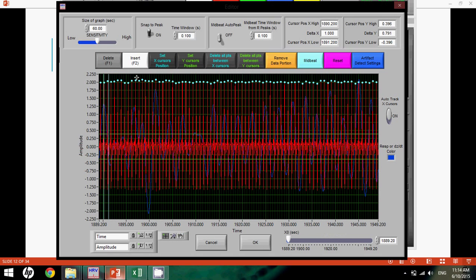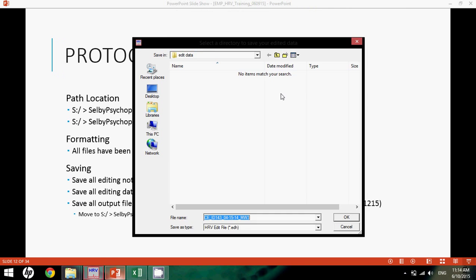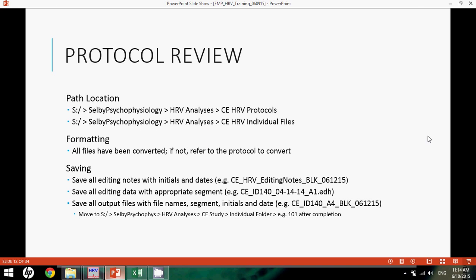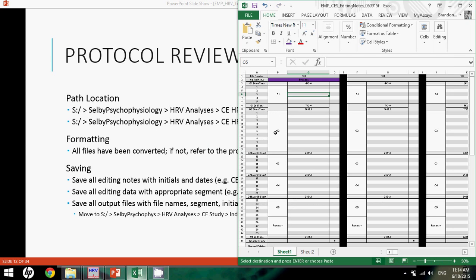I'll just make a slight edit here, and then click out. You'll see that this information will come up if you make any editing changes within Mindware. You can simply save this information by clicking O1 and saving that. Although it says A1, I would highly suggest you click O1 to correspond to the editing notes.